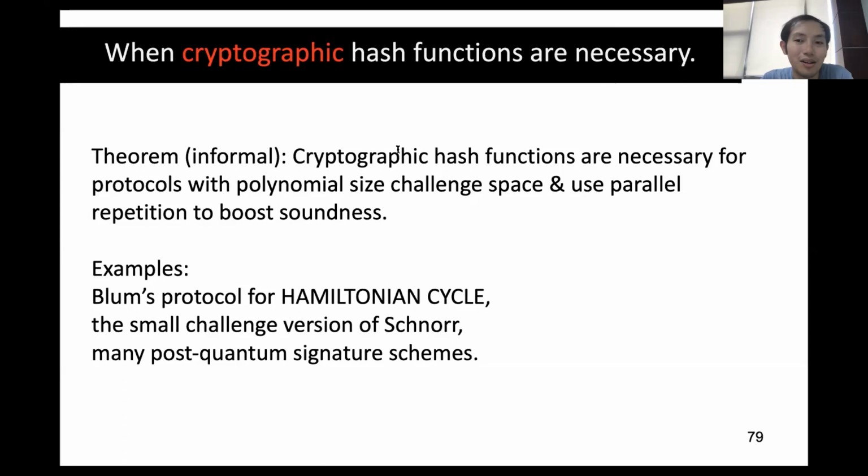It turns out there are protocols where a cryptographic hash function is necessary, and the examples include Blum's protocol, a small challenge version of Schnorr, and many other post-quantum signature schemes like the signature scheme from isogeny. They do at least require a cryptographic hardness.